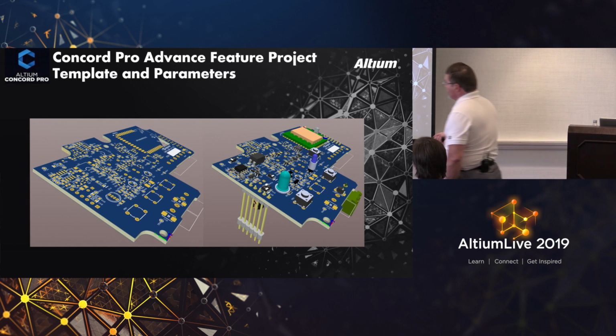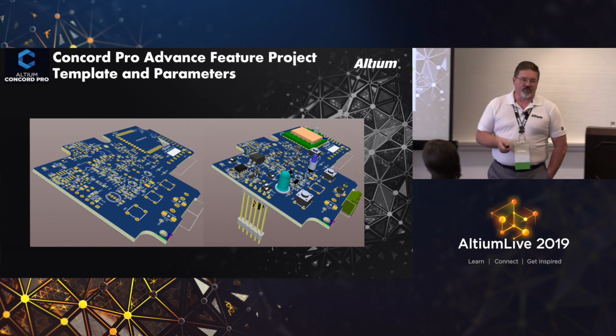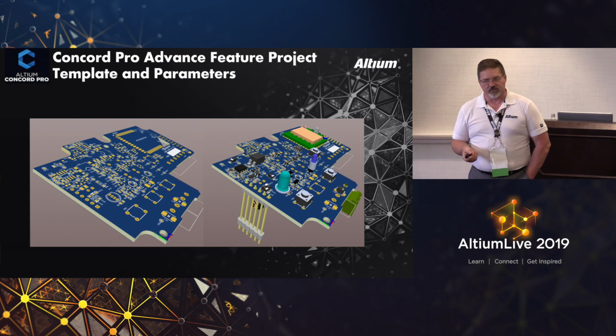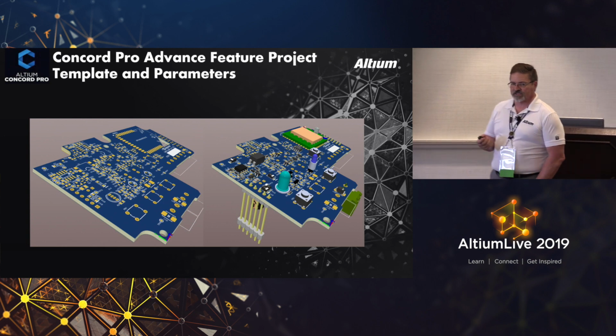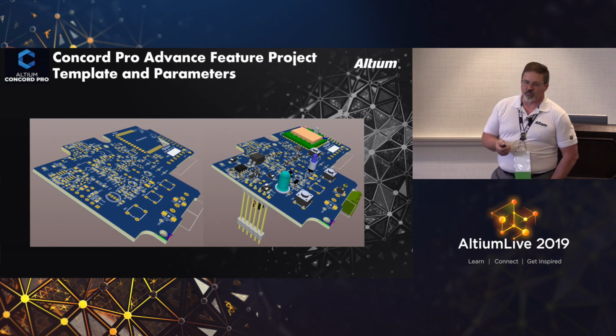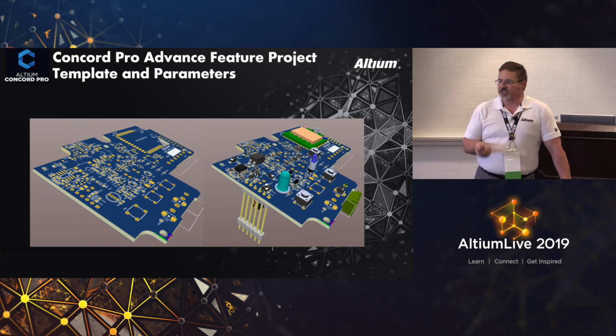So let's talk a little bit about templates and parameters. The great thing about Altium, or Concord Pro and Altium, is that you can operate with parameters and templates. This is really nice because when you're setting up a project in Concord, it asks you the PCB number, PCBA number, for example.